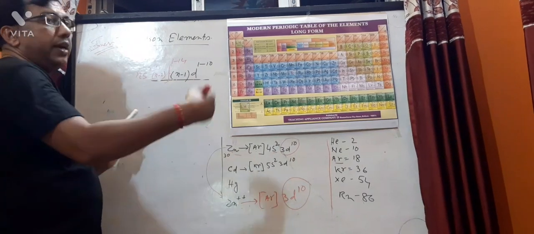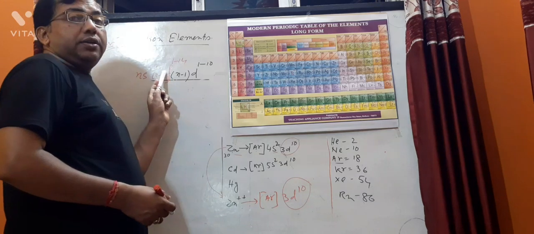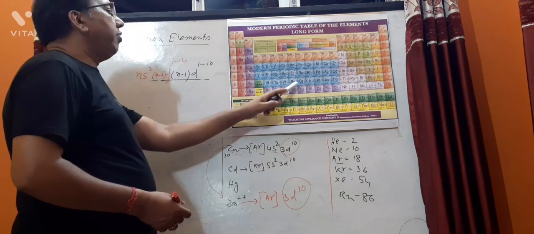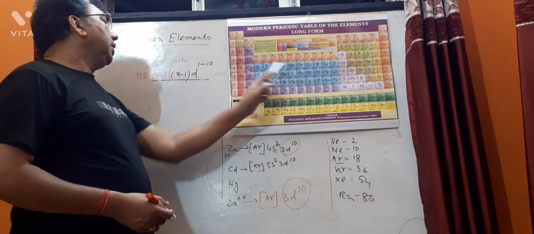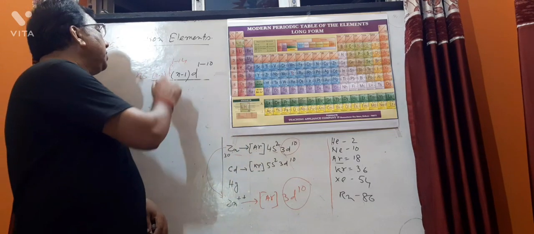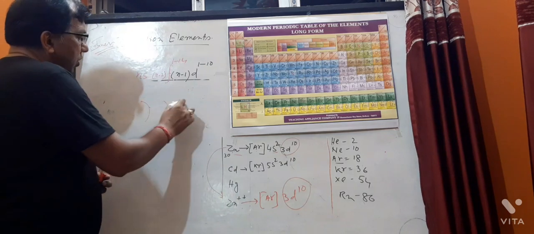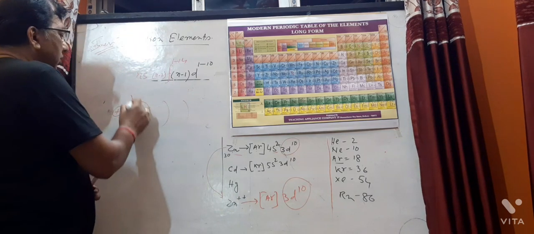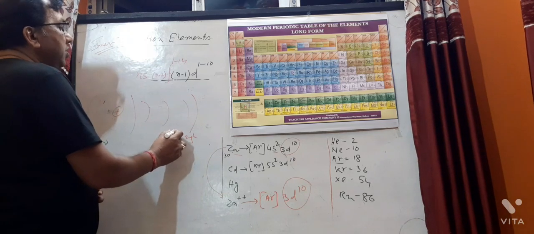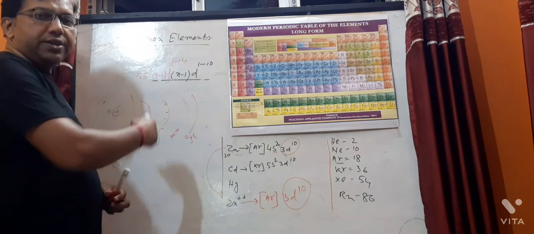All the inner electrons will enter the inner f orbital, f1, f2, f3 up to f14. Suppose this is the nucleus, the last shell ns2, this is d, this is f. In this orbital, electrons enter.